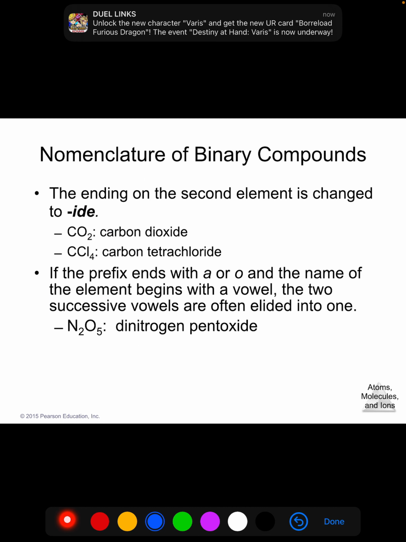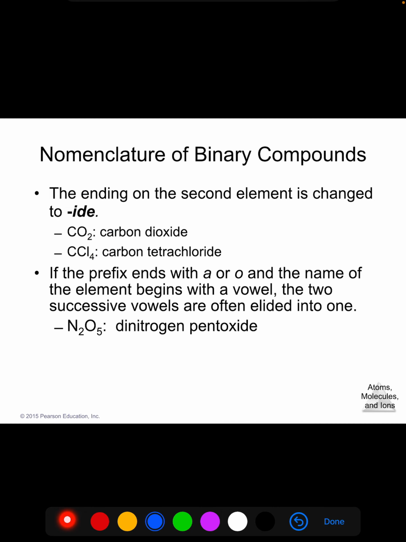So, the ending on the second element is changed to "ide." Carbon tetrachloride means 4 chlorides. Carbon dioxide, as we said, means 2. Here's a common one, dinitrogen pentoxide. Okay.